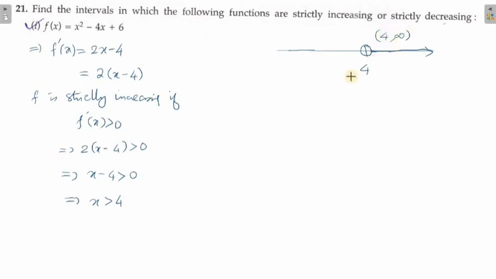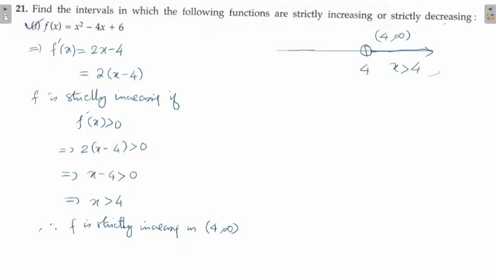Yes. So this is your x greater than 4. Therefore, we say f is strictly increasing in the open interval 4 to infinity. So this is how we need to do it.